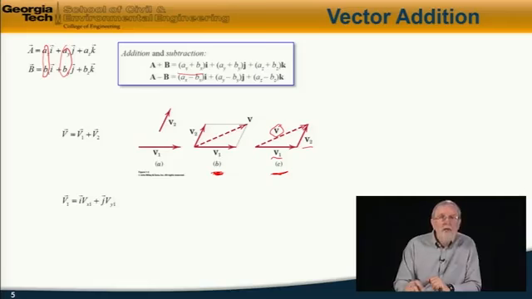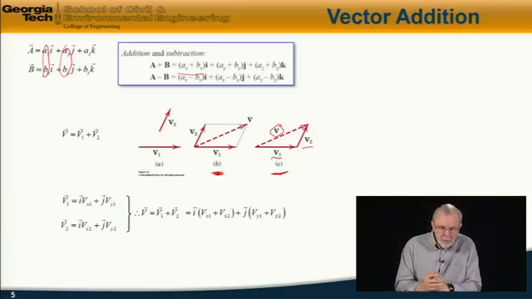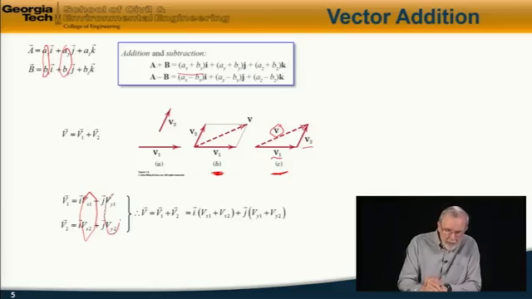But again, we can do this by simply adding the individual x and y components. So if v1 is given by i vx1 plus j vy1, etc., then the summation of those two vectors is simply the summation of the individual components, vx1 plus vx2, and the j component, vy1 plus vy2.